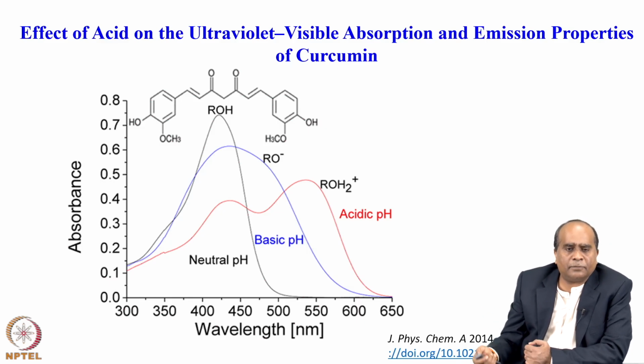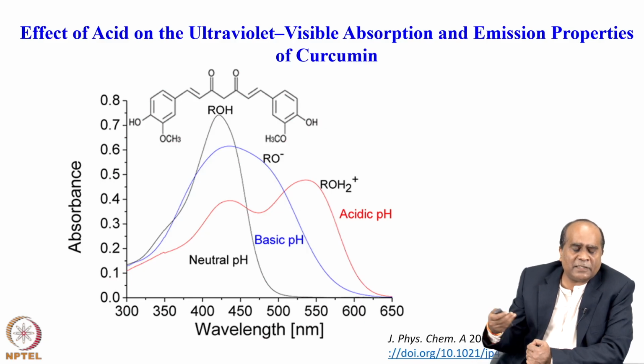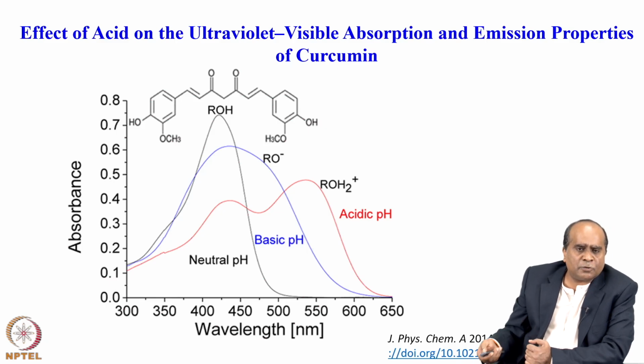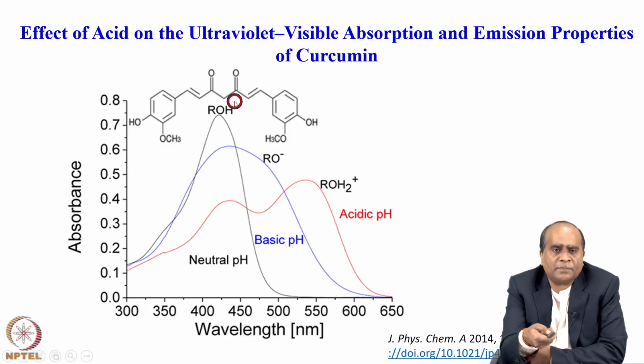All haldi will have curcumin, but at different levels, and that depends upon the soil condition, the cultivation state, and the temperature where it is grown. So, the quality of haldi, the quality of turmeric, is determined by the percentage of curcumin present, right.